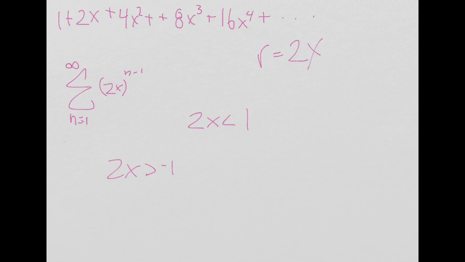And I could solve this equation. I could say x is less than 1/2, and I could say x is greater than negative 1/2. So then I can give myself a range of values that I know x has to be between if I want this series to converge. And I could write that as the absolute value of x is less than 1/2. Isn't math nice?